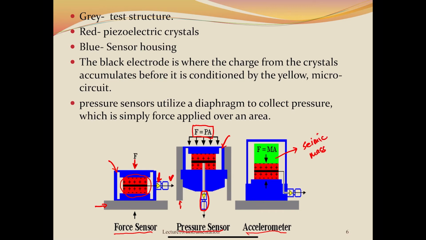By multiplying mass with the acceleration, we get the force applied onto the crystal, then the ions displace and accumulate, and are then amplified by the microcircuit, which will give us voltage. So these three sensors use the concept of piezoelectricity as the working principle.